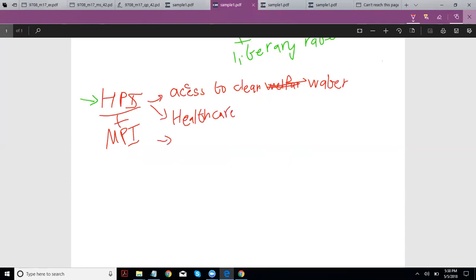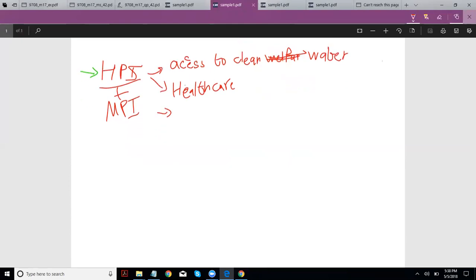Give one or two more examples of indices. Average income per day. Sorry. Average income per day would be included in this. That's already covered in national income. I do feel that the HPI definitely takes national income into account, but that's already in the national income factors.